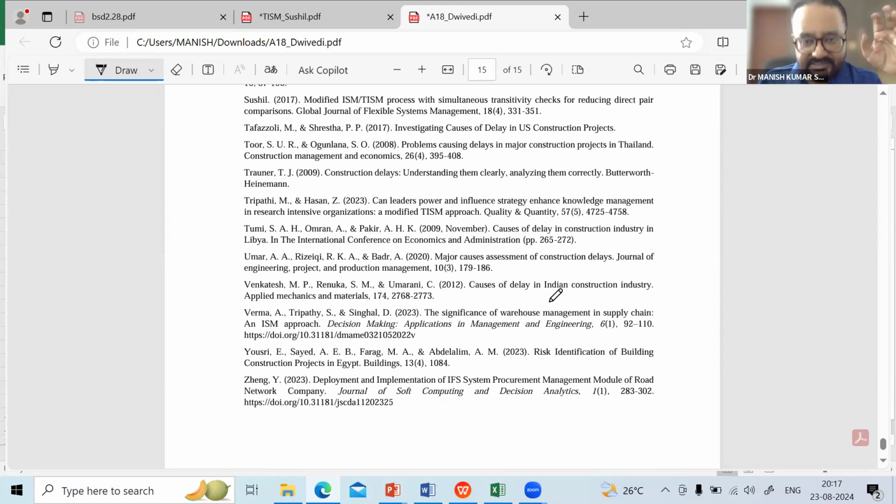Only to strengthen your theoretical development, you can read something, because you will write some theoretical background in the introduction or literature review. In one or two paragraphs you can write about ISM, because there is no need to go deeper into ISM, because TISM is the new one on which papers are being published nowadays, and it is easy to get all these things, because ISM manually is a little tough also.